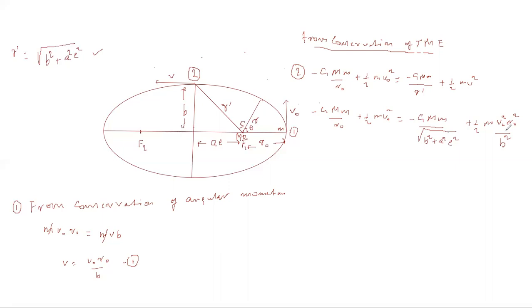Now we'll write this as minus G M m over r naught plus half m v naught square is equal to.